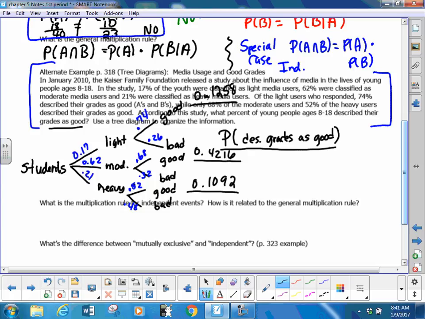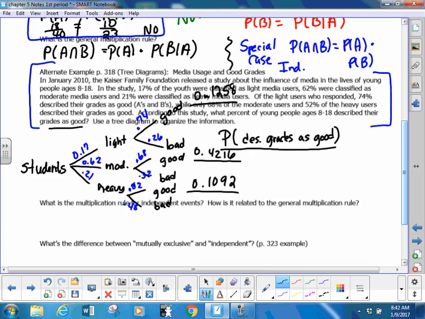Because to actually get the probability that your grades are good, you could have done this. What's the word you would put between this? You could have done this, or you could have done this, or you could have done this. And what math symbol do we always associate with "or"?